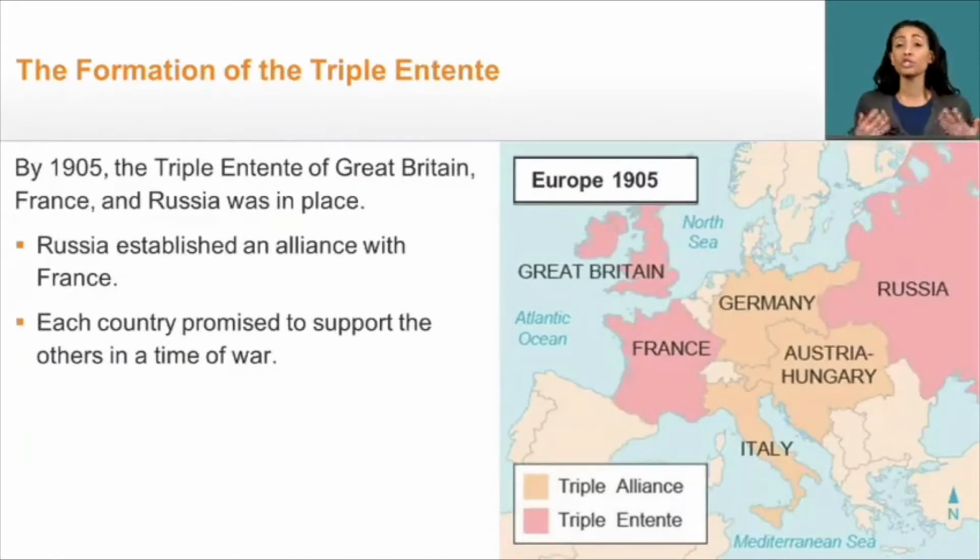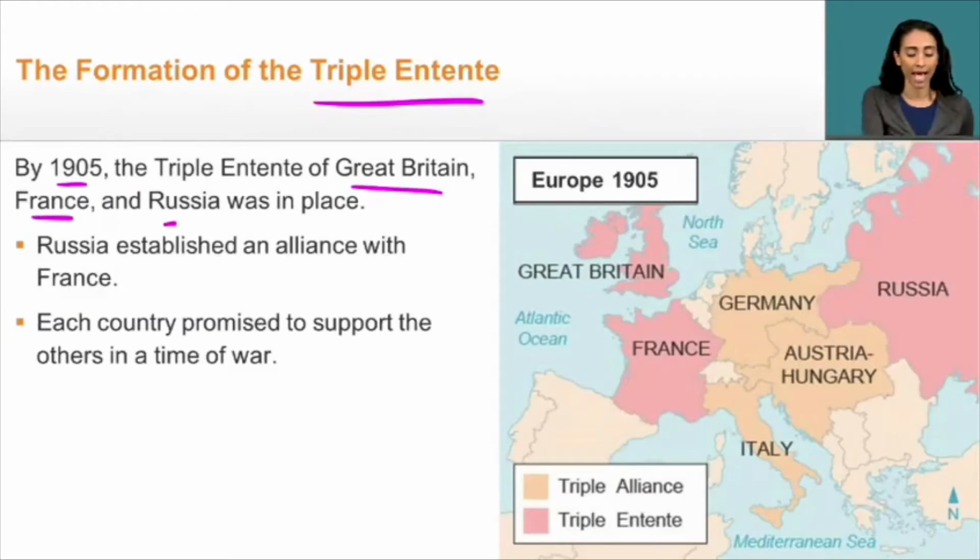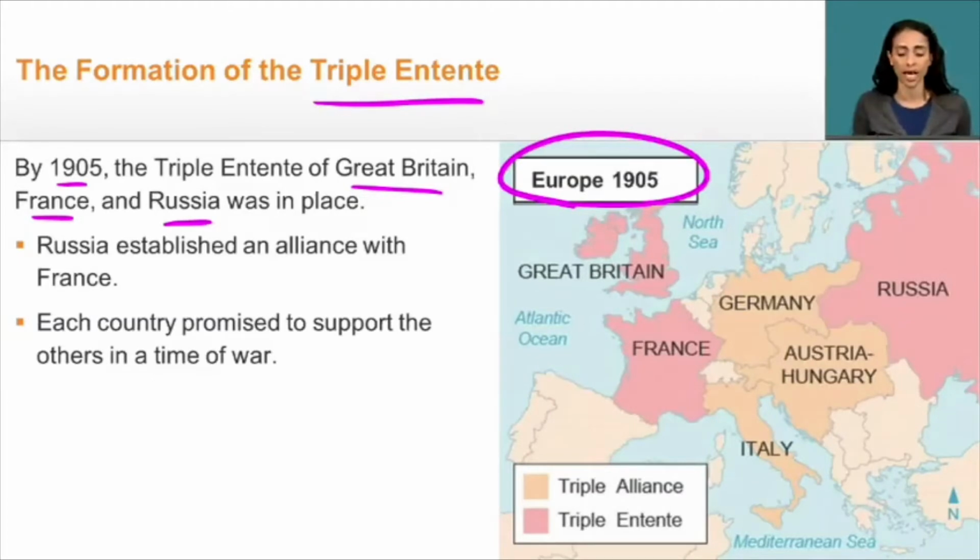Now, in response to the formation of the Triple Alliance, we're going to see the formation of the Triple Entente. By 1905, the Triple Entente included Great Britain, France, and Russia. Again, we can see our map here showing us Europe in 1905.